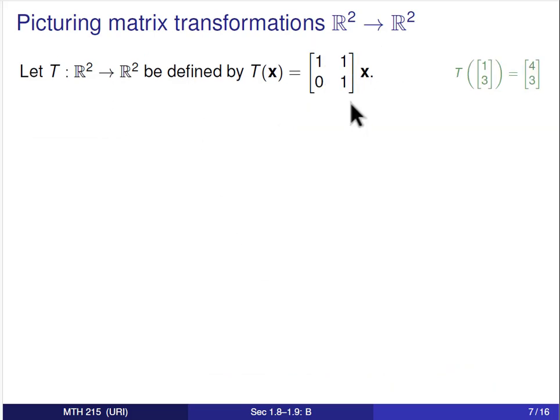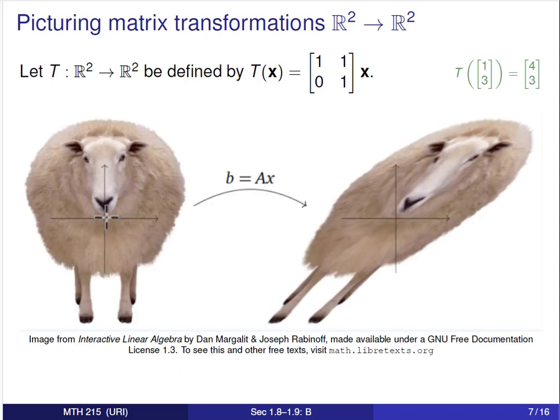Next, if we take the matrix [1, 1; 0, 1] and use that for our matrix transformation, you should check that (1, 3) maps to (4, 3). What's going to happen here is we're going to take a photo, and the x and the y coordinates are going to be used together to determine what the top coordinate is.